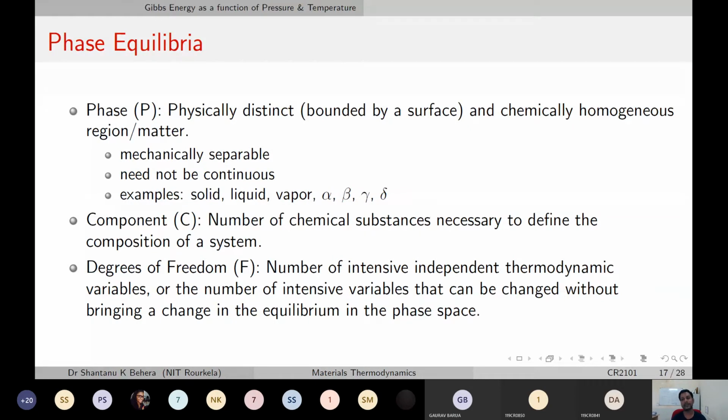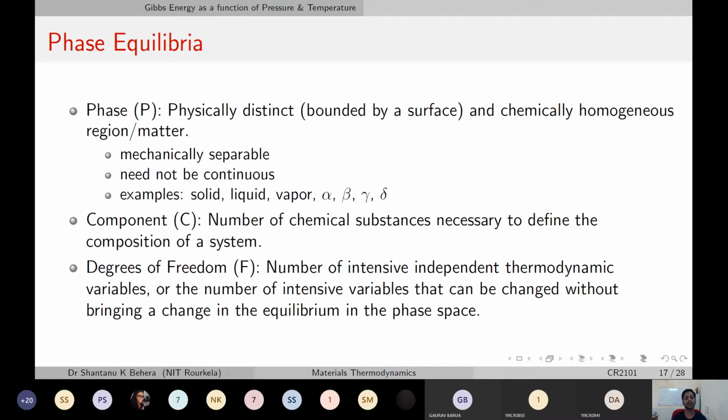But it's the same substance, same physical attributes, and that's why it's a single phase. The ice phase is a single phase, and there is of course water. Likewise, you can take this discussion a little forward.